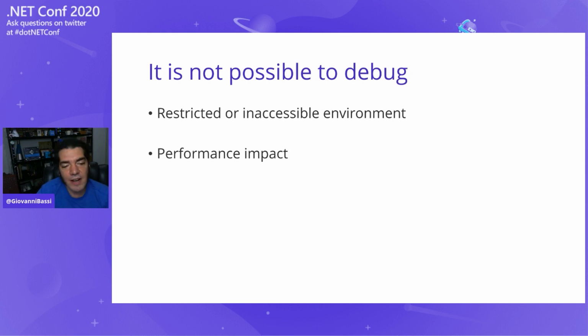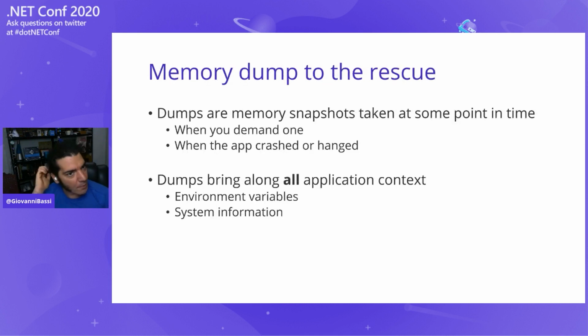In this case, you basically have a problem in production that you cannot solve in the usual way, right? So what do you do? Memory dumps come to the rescue. You take a picture of the memory, and you get to see everything that's going on within the application. This picture is the memory dump, and you can bring it to your machine and analyze it.